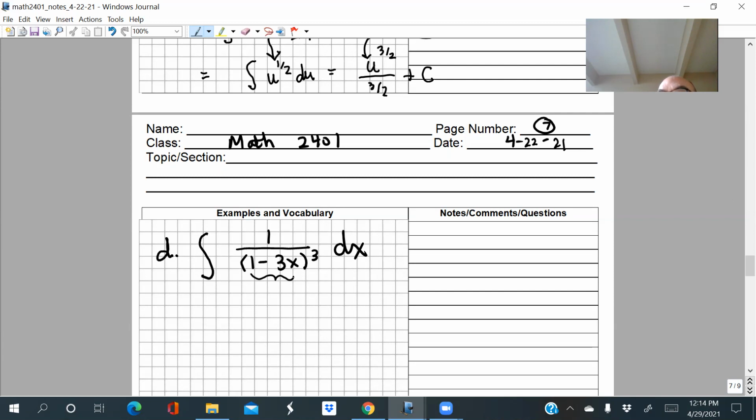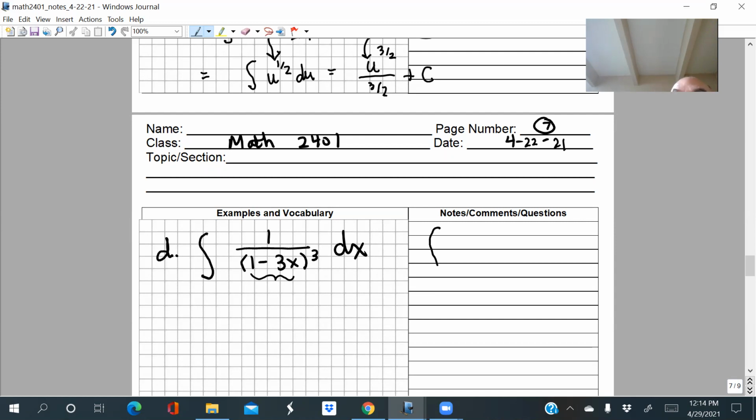Okay, so let's think about how we would approach this problem. Be nice if this were just 1 over x cubed, right? Because if this were just 1 over x cubed, we would write that as x to the minus 3 power. That would be a power of x, and then we would be on our way, right?